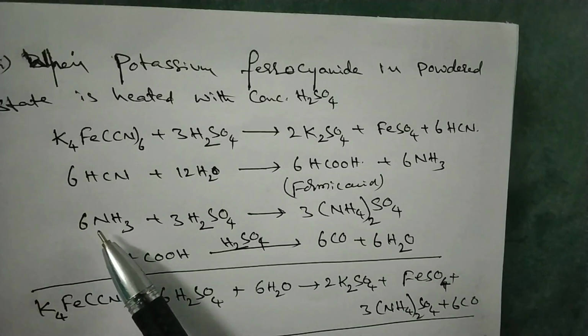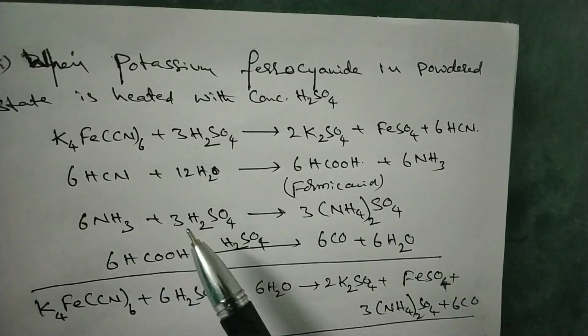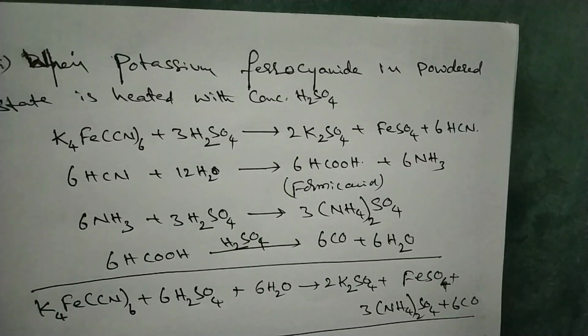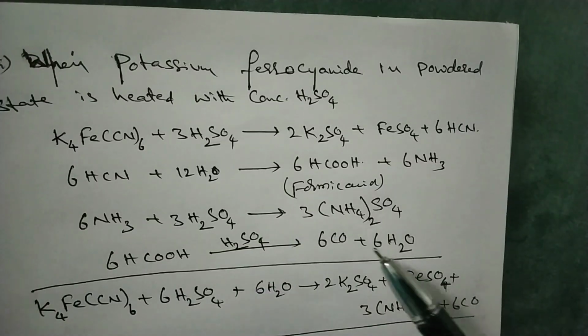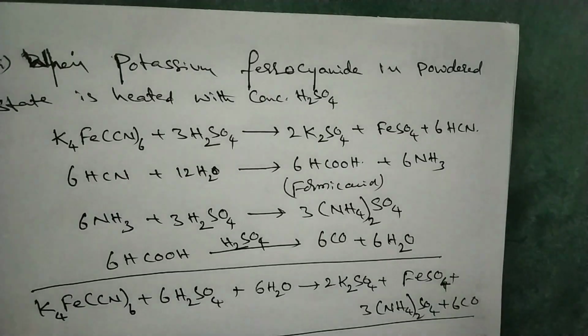The ammonia produced in this reaction reacts with sulfuric acid to form ammonium sulfate. Then formic acid reacts with sulfuric acid to form carbon monoxide and water.